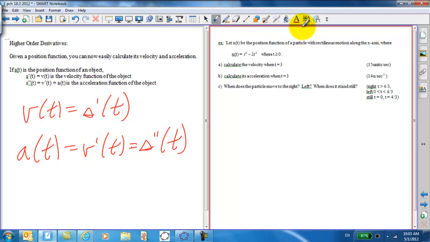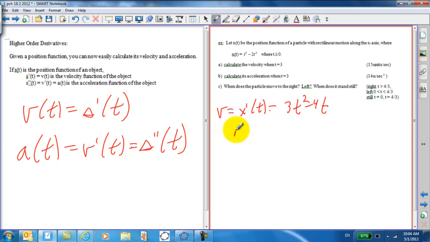So here we have a position function, t cubed minus 2t squared, where t is greater than or equal to 0. The position of a particle with rectilinear motion along the x-axis. So basically we're saying at time t equals whatever, this is where it is on the x-axis. Calculate the velocity when t equals 3. So velocity equals x prime of t, so that'll be 3t squared minus 4t.